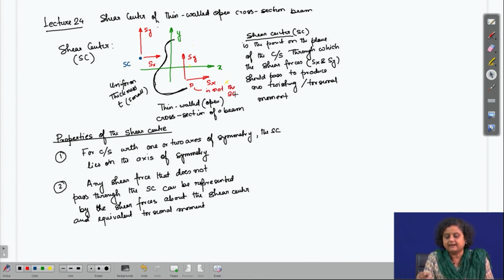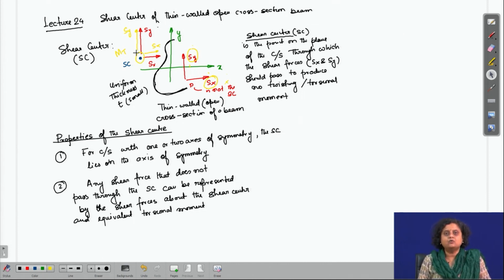In that case, how are we going to analyze the problem? We are going to shift this force here. We are going to move this Sx and Sy to the shear center, and we will find the torsional moment Mt of this force Sx and Sy about the shear center.